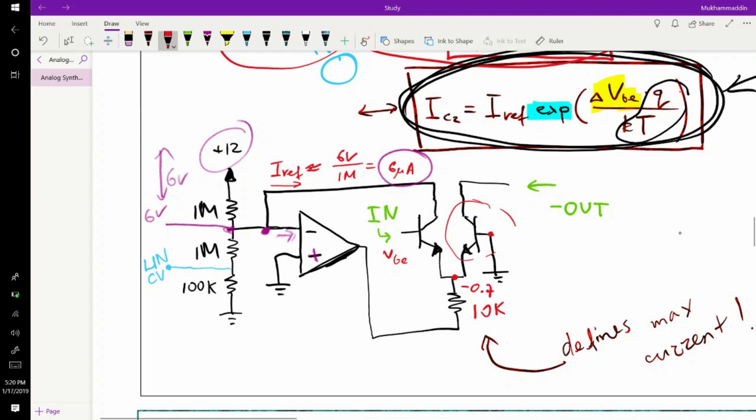And in order for the op amp to sink current, the maximum voltage it can get at the output is one of the rail voltages. Let's assume it's minus 11.7 volt for simplicity.